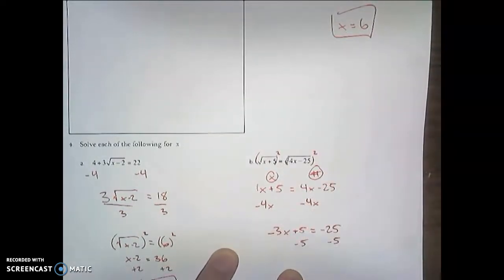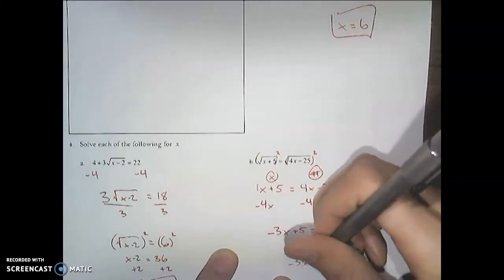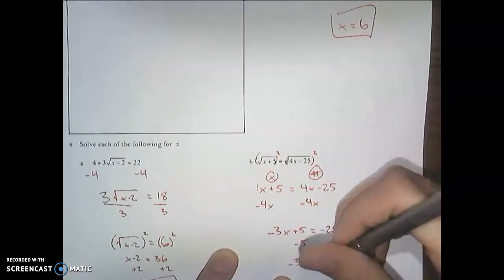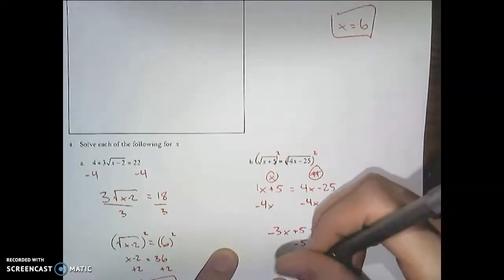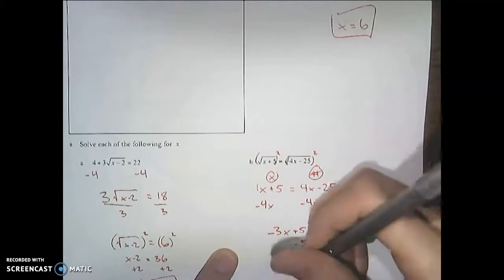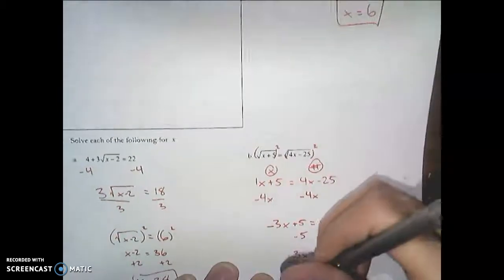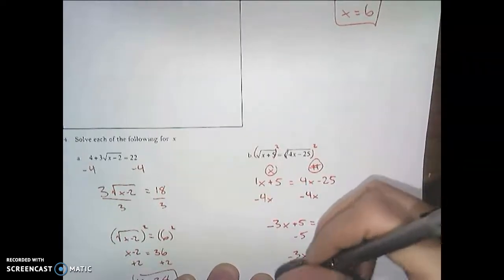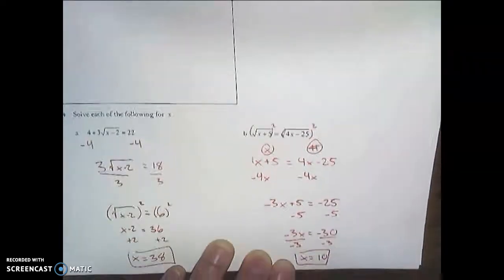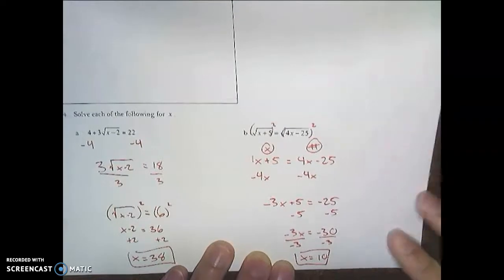So we subtract 5 from both sides. So we have negative 3x equals negative 25 minus 5 is negative 30. And then the last step, we divide both sides by -3. So we have x equals -30 divided by -3 is a +10. And that is our solution.